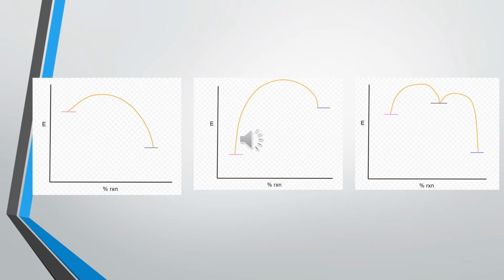If you said that the second diagram represented also a one-step reaction mechanism which was energetically unfavorable, because now products are higher in energy than reactants, you're also right. Finally, in the third diagram, if you said that this represented a two-step reaction mechanism with an intermediate as the main difference between that diagram and the first and the second, you're right again.